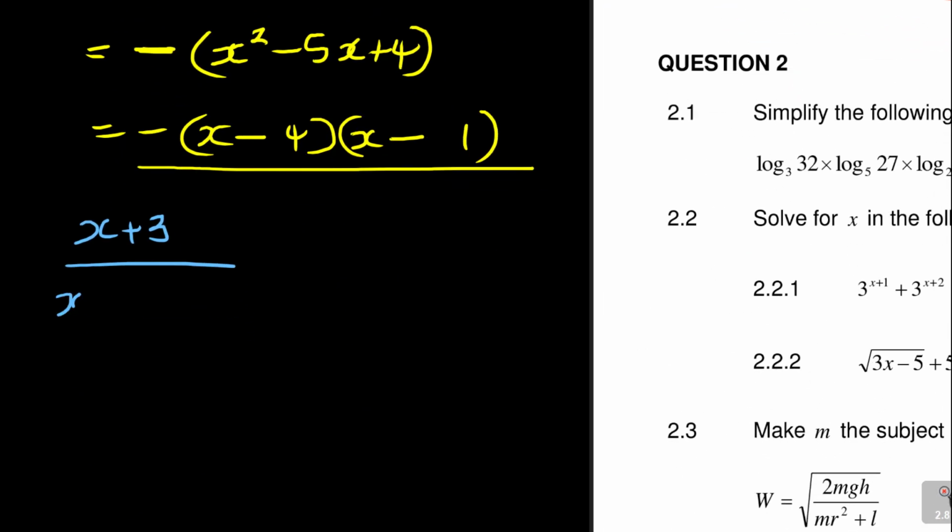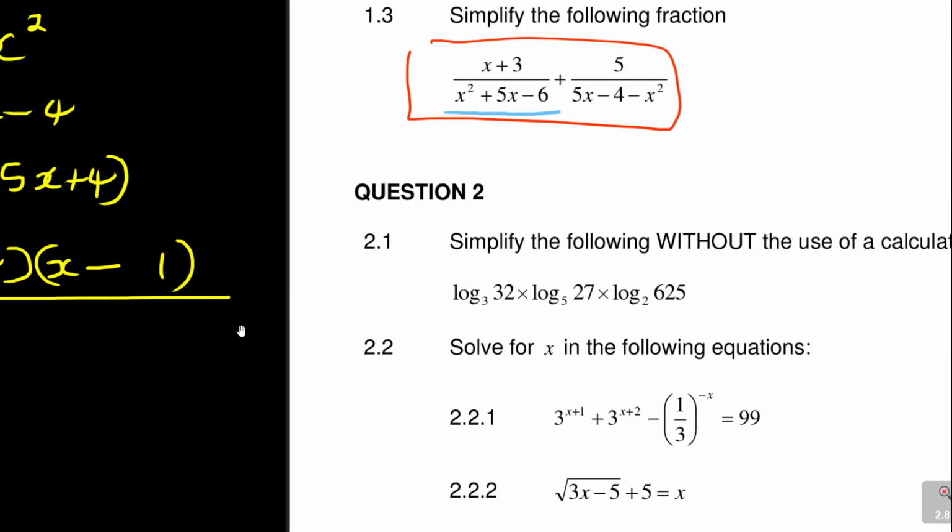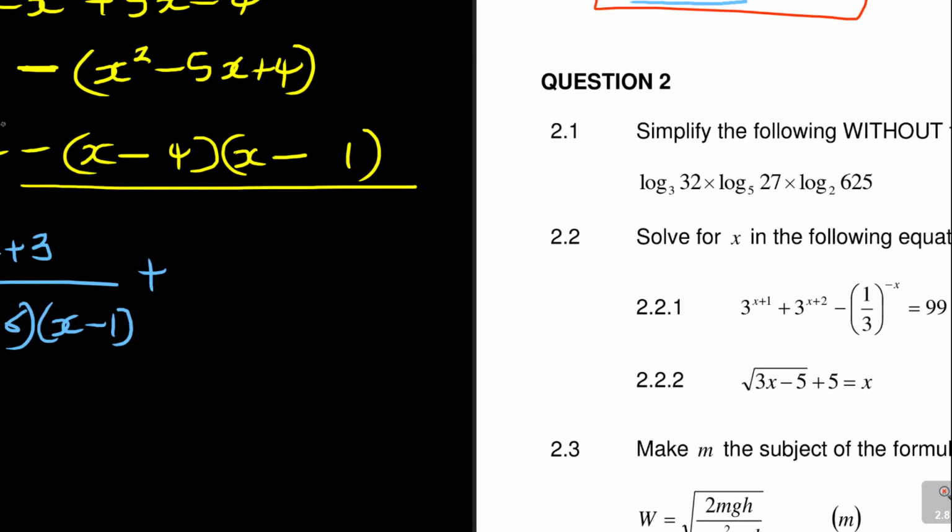So it's x plus 6 and x minus 1. Then plus 5 over. Then you've got, look, minus, don't forget that minus, x minus 4, x minus 1. Don't forget this minus.